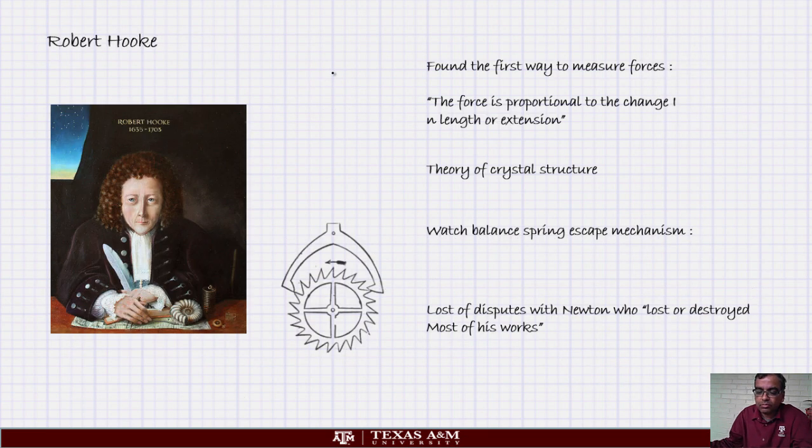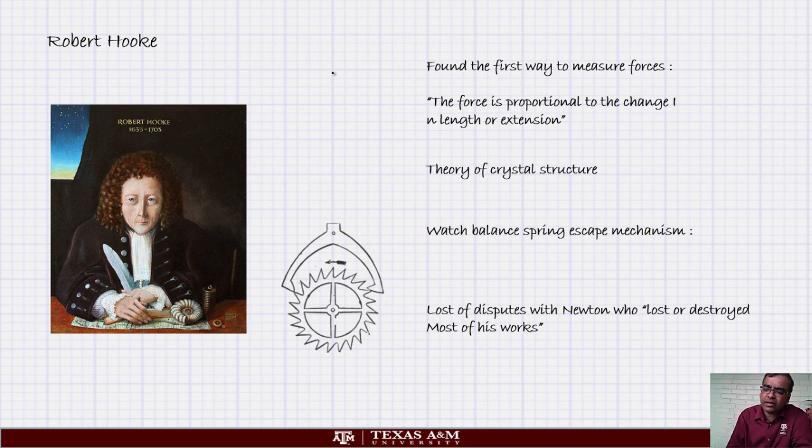Then what do you do? Before we go, I just want to mention Robert Hooke. Robert Hooke, 1655. He was a contemporary of Newton, and Newton and Robert Hooke had problems. Robert Hooke was an experimentalist and he did a lot of stuff.